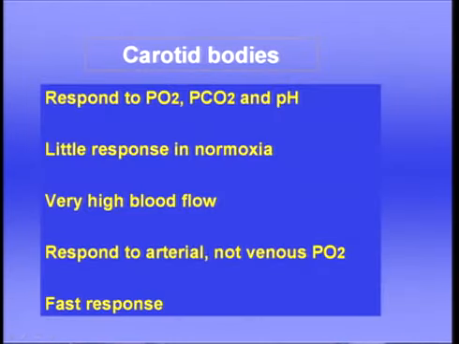So again, just to recap on that, first of all, I didn't say, and I shall say it now, that in addition to the PO2, which is very important, the carotid body also responds to PCO2 and pH. Its response to PCO2 is less than that of the central chemoreceptors, perhaps 1/5 as much response of ventilation to a change in PCO2, an increase in PCO2, for example.